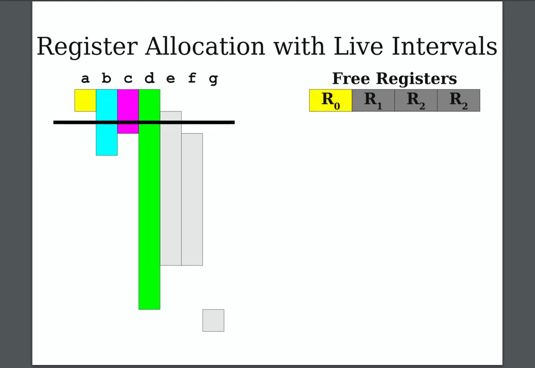But what happens when we encounter a new variable? We see that there are only 4 variables needed at this program point, so we can reuse R0.